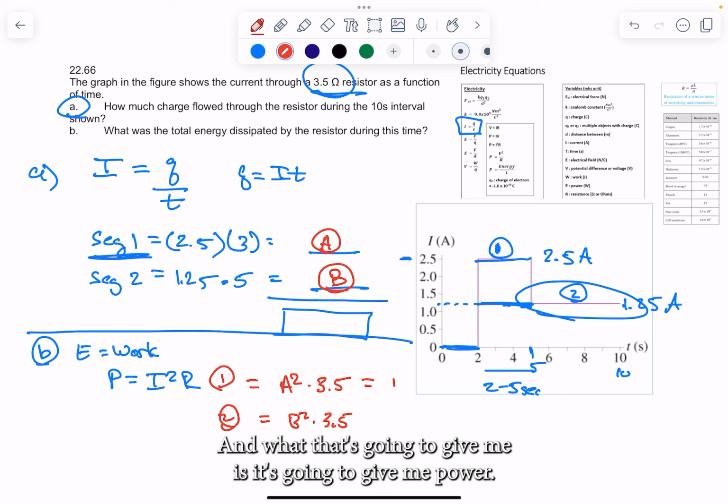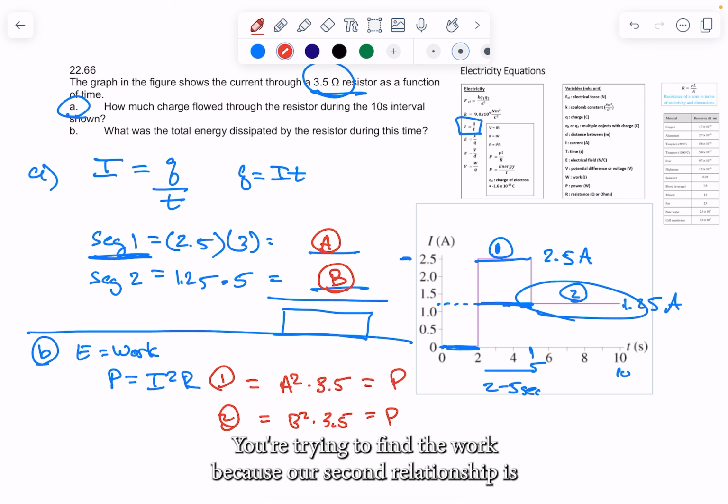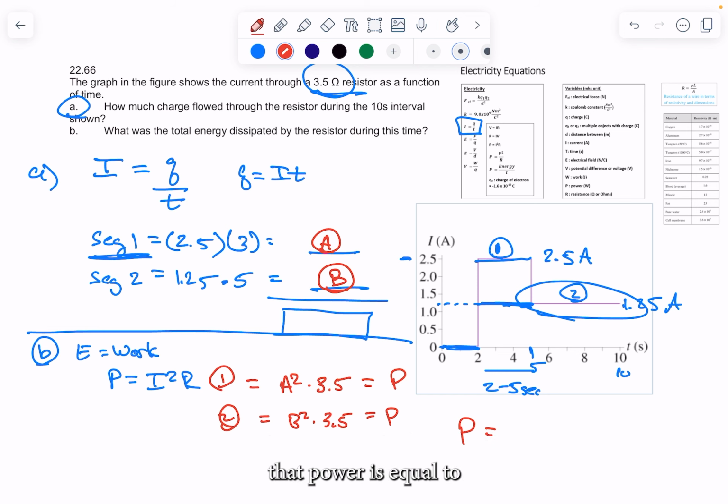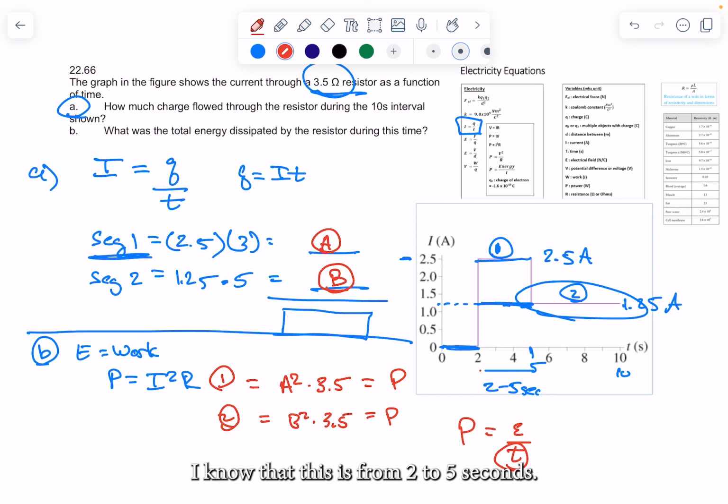What that's going to give me is power. Now, I know that's not what it's asking for. You're trying to find the work because our second relationship is that power is equal to energy over time. And I know the time for each of these segments. I know that this is from 2 to 5 seconds, that's 3 seconds.